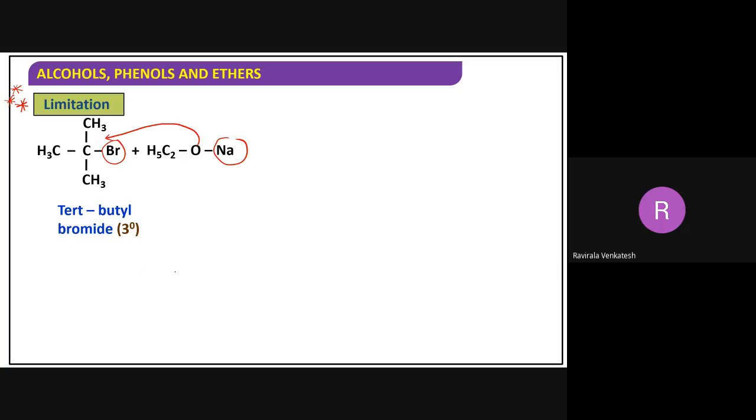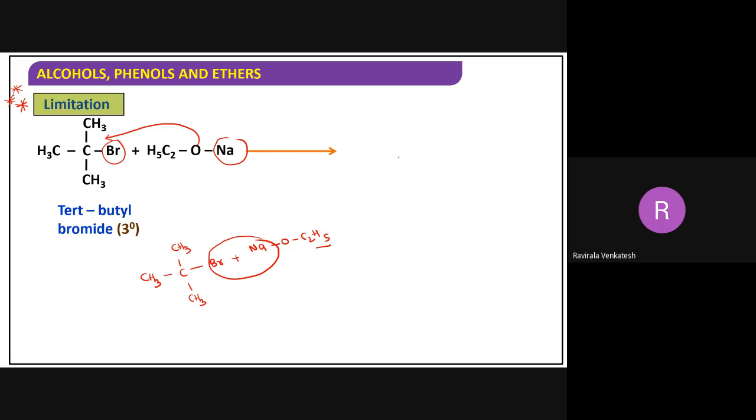Otherwise, let me do it the reverse way: CH3 Br, written the reverse way, with sodium OC2H5, nothing but the ethyl group. NaBr is removed.